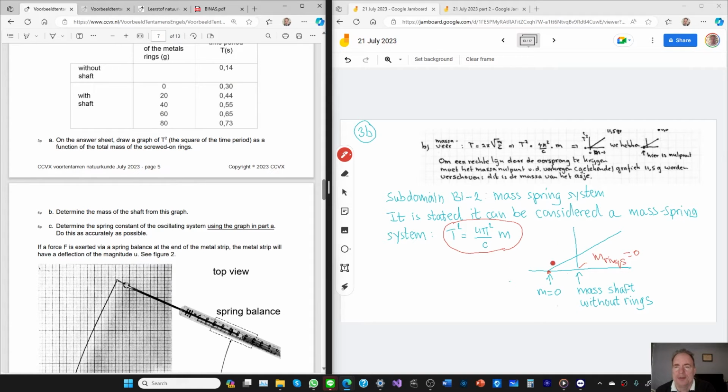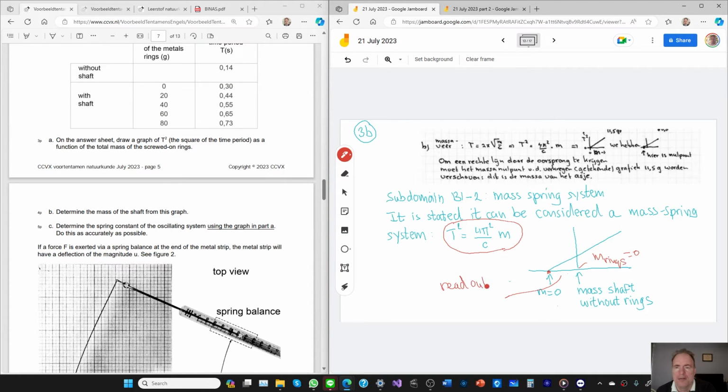And so what you have to do is extend your graph and just read out what this is here, which was done here in the answer sheet. And they found 11.5 gram.